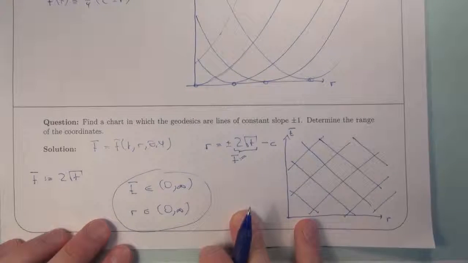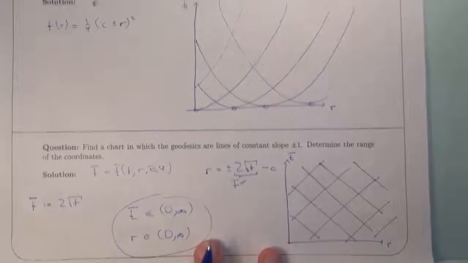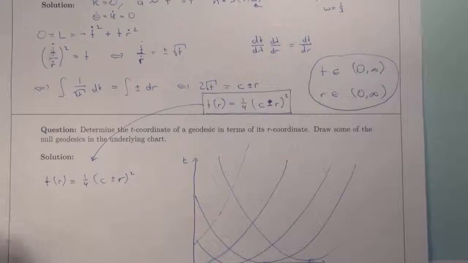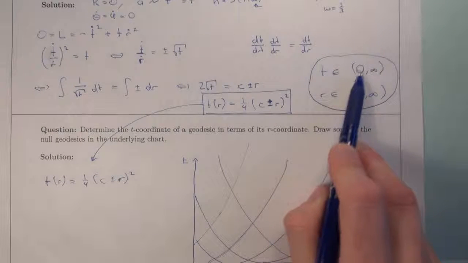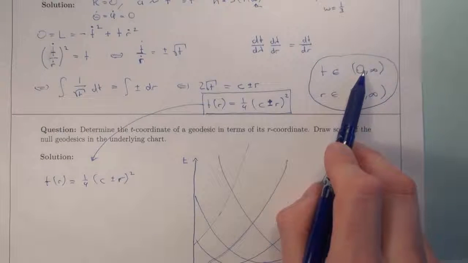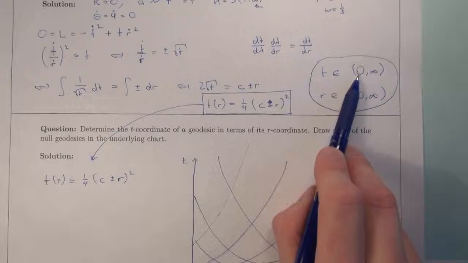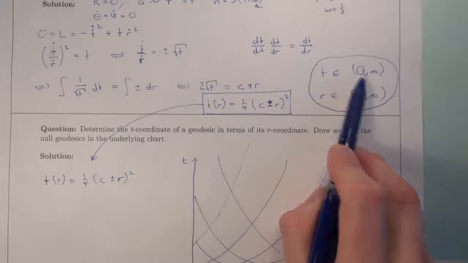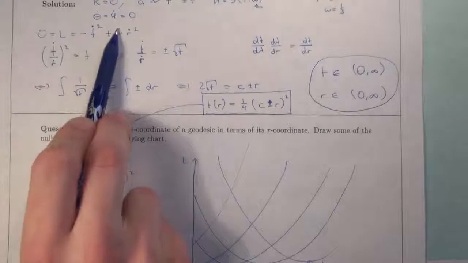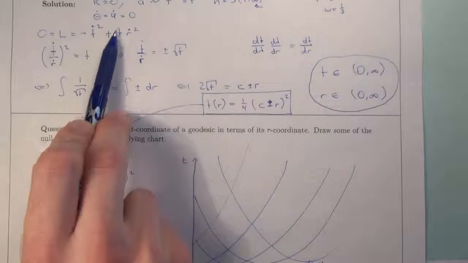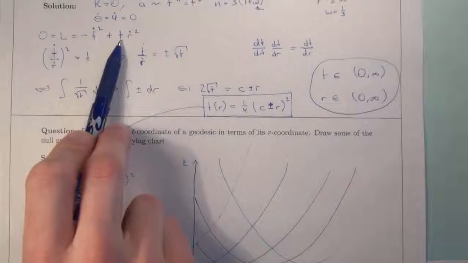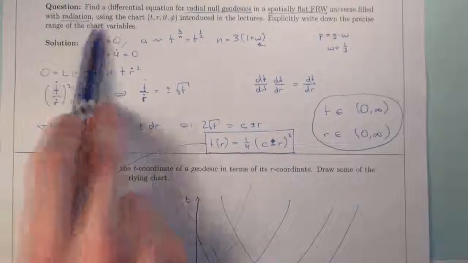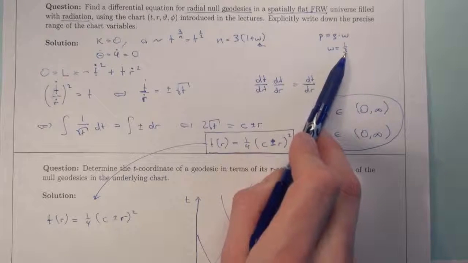One remark I have to make is that we exclude t equals 0. That's important because this is our singularity, the Big Bang, so to say. And you can see that here actually, because we choose some particular dust model, or we choose some radiation model, this one, with omega equals 1 over 3.